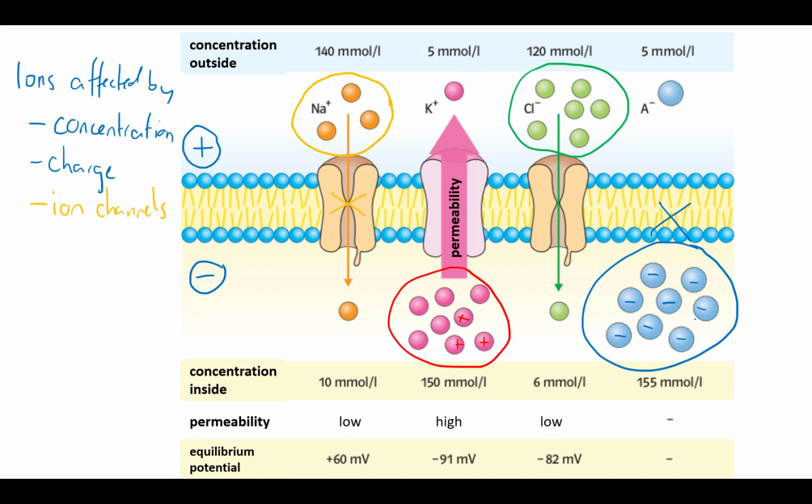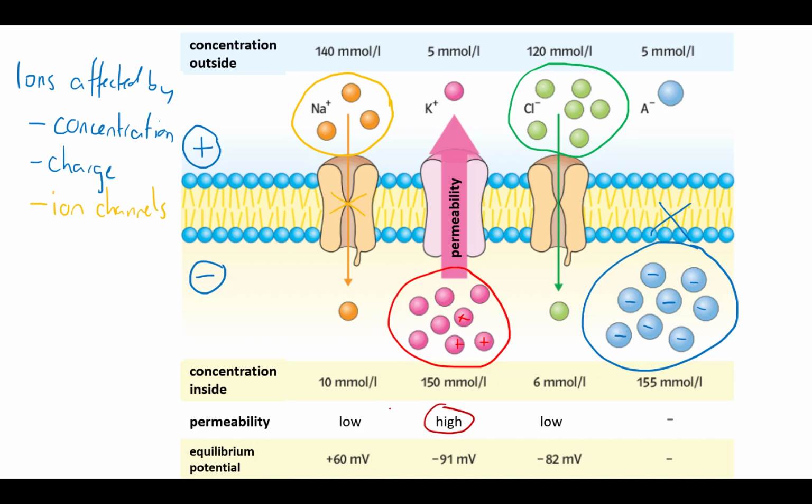You can see in the rest of the table the permeability just basically shows how easily these ions can in fact cross the membrane. So as already mentioned before, the potassium can cross it relatively easily, and the other two, the sodium and the chlorine, cannot.